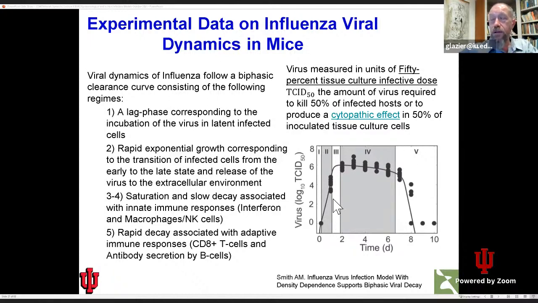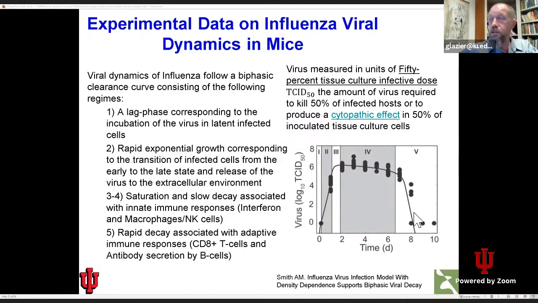A period of a day or 2, a day and a half, when the amount of virus increases very, very rapidly. A maximum around day 2, maybe day 2.5. And then from day 2 down to day 7, slow decrease of the amount of virus, rapid decrease of virus around day 7, day 8, day 9, and then essentially no virus thereafter.